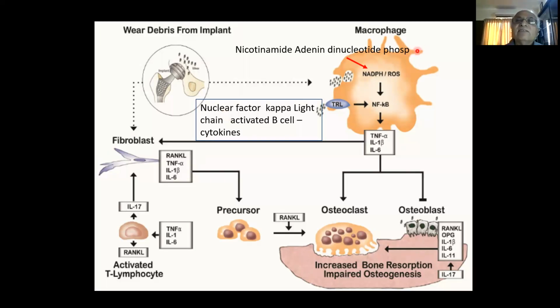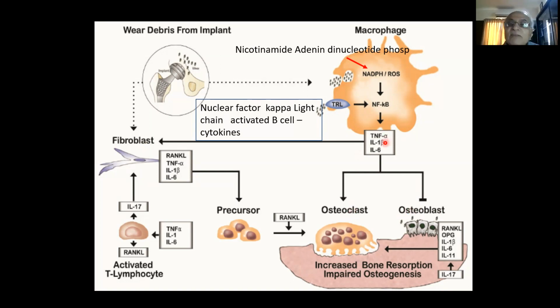These are live cells, this is live material, and this will stimulate the cytokines, and these are the cytokines which are responsible. So TNF alpha, interleukin 1, interleukin 6, and they also, I told you, stimulate fibroblasts. They also stimulate both osteoclasts and osteoblasts, but osteoblasts are much less stimulated compared to osteoclasts.